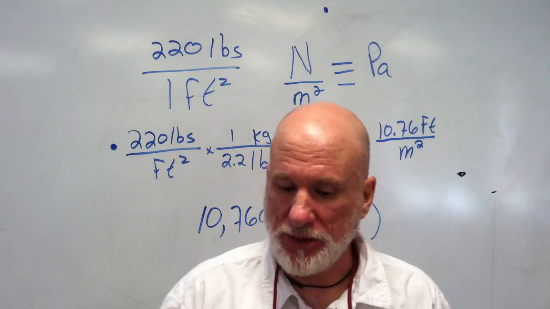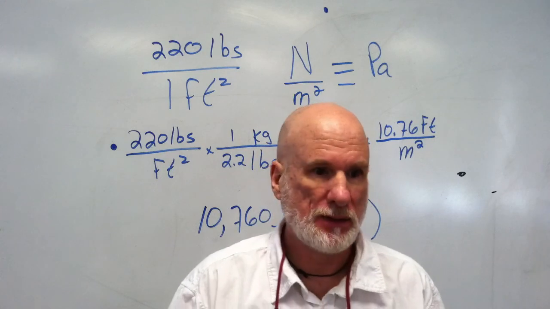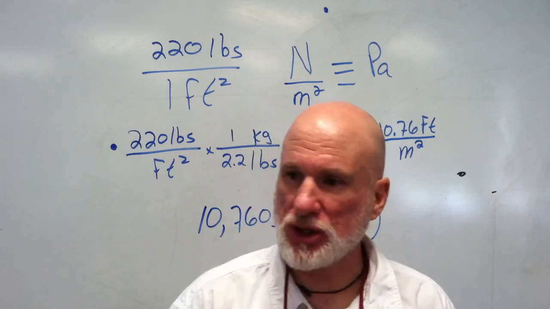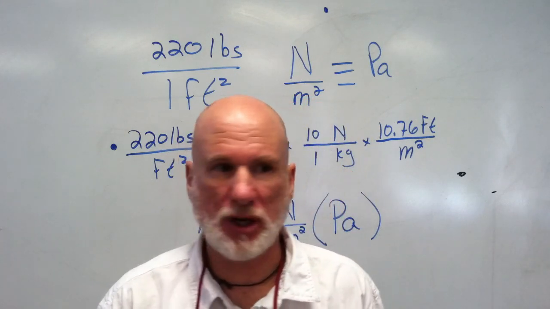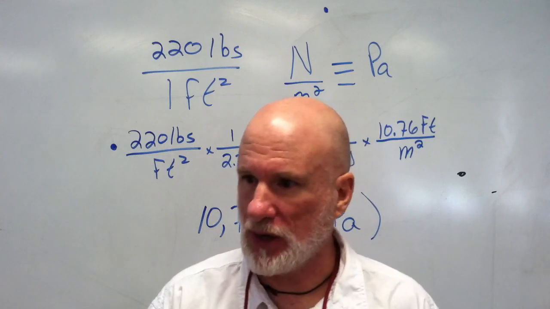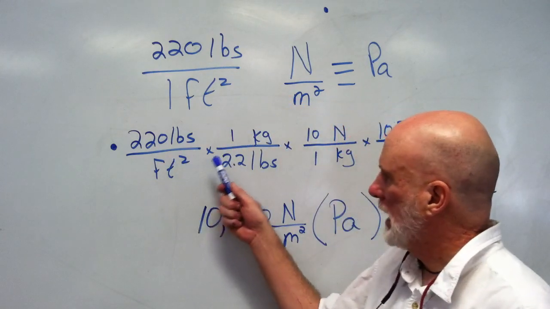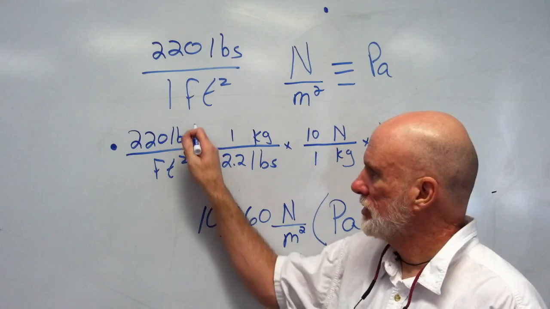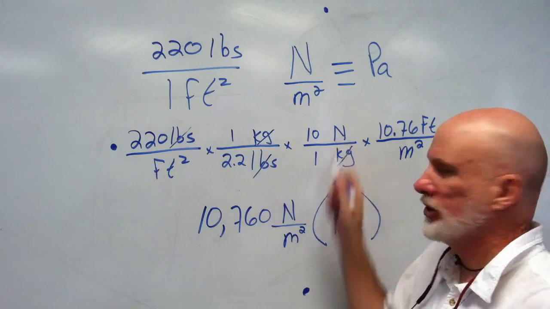So the first thing I want to do is just to give you a little bit of a review on factor label to convert from pounds per square foot to newtons per square meter. I want to convert, okay? Yes? Okay. So I change the pounds to newtons, newtons to kilograms, kilograms to newtons.